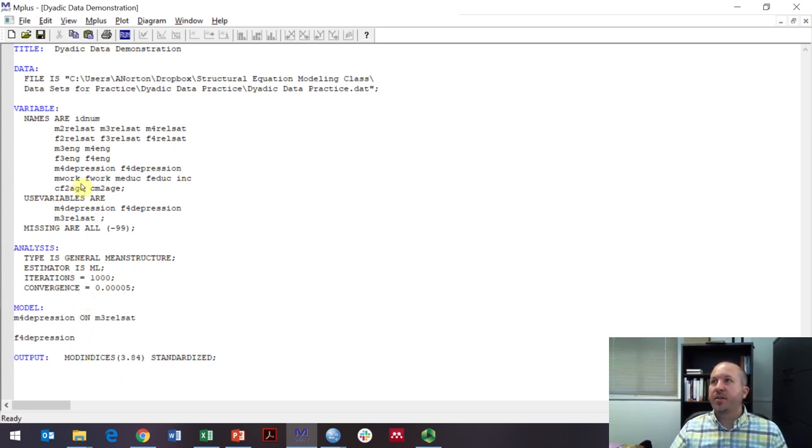So I'm going to go on mother's relationship satisfaction, and then also father's relationship satisfaction. Add that to my use variables list. Then we want our partner engagement at wave 3 as well, and then father's engagement at wave 3. So we have a total of 6 variables that we are using: 1, 2, 3, 4, 5, 6 variables, and 1, 2, 3, 4, 5, 6.